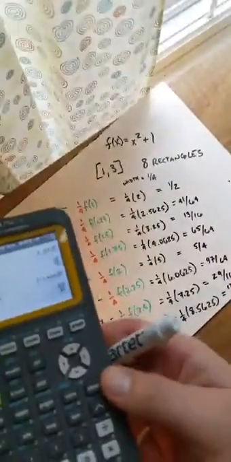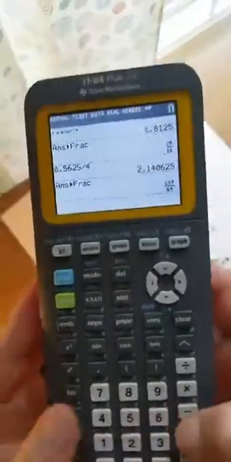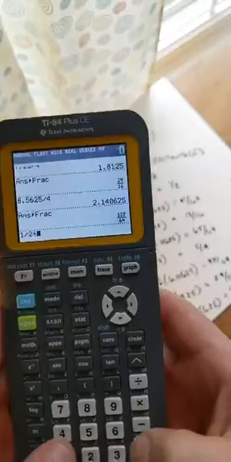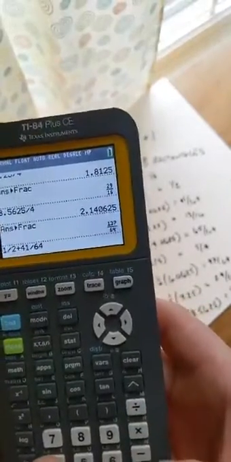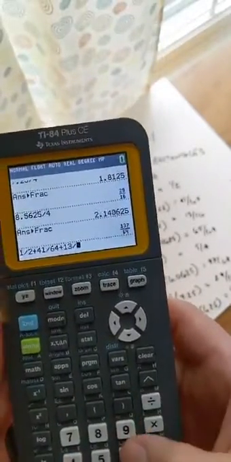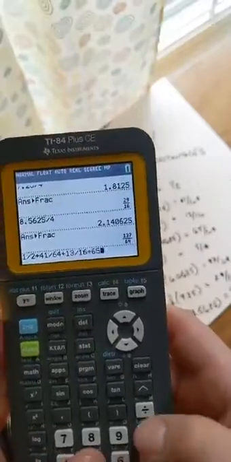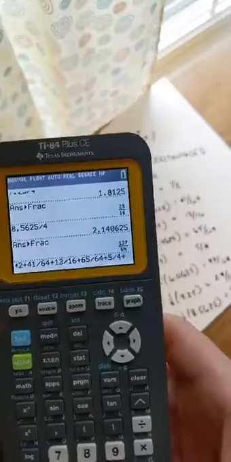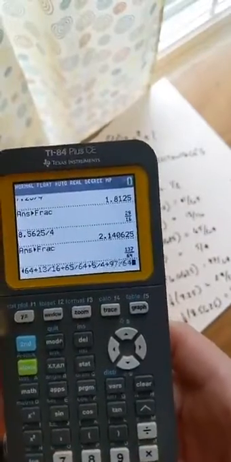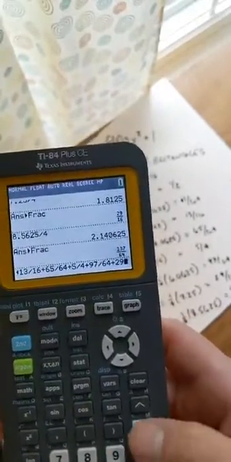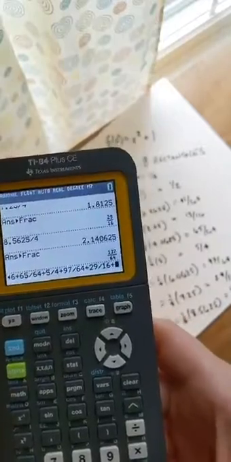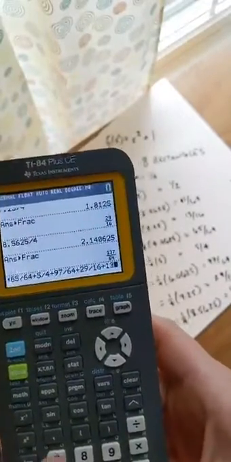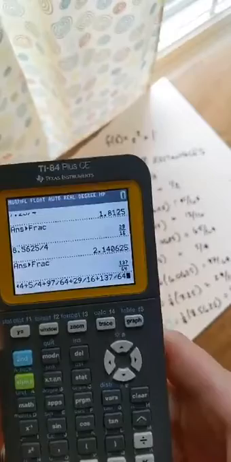Now we got to add these all up. I'll do that here. So first one, we got 1/2. 1 divided by 2 plus 41 divided by 64 plus 13 divided by 16 plus 65 divided by 64 plus 5 divided by 4 plus 97 divided by 64 plus 29 divided by 16 plus 137 divided by 64.